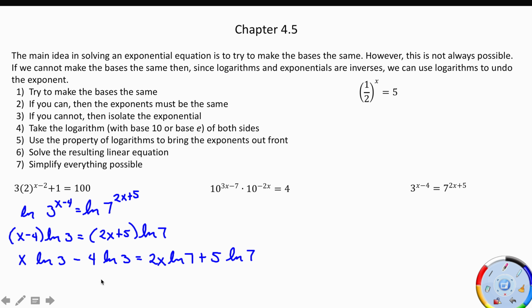Okay, now I want my variables on the same side, and here are my variables. This is just a number, that's a number. So I'm going to subtract this from both sides to get my variables on one side, and add this to both sides.